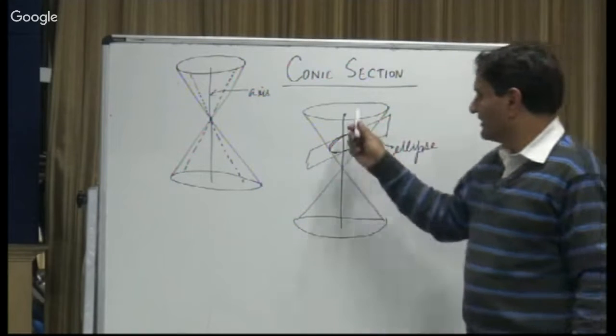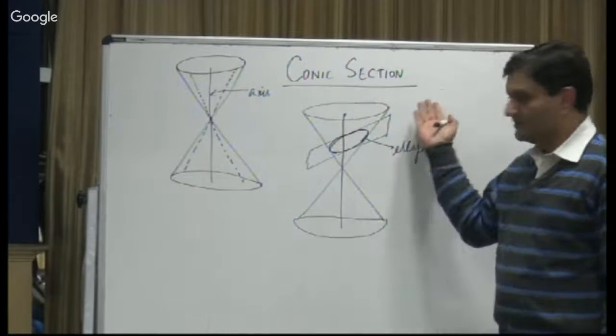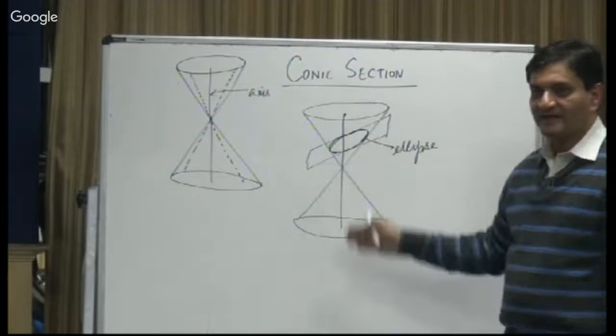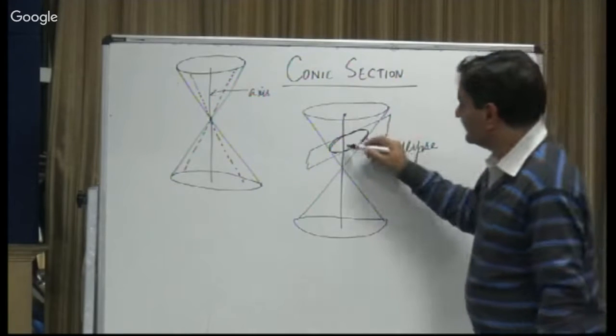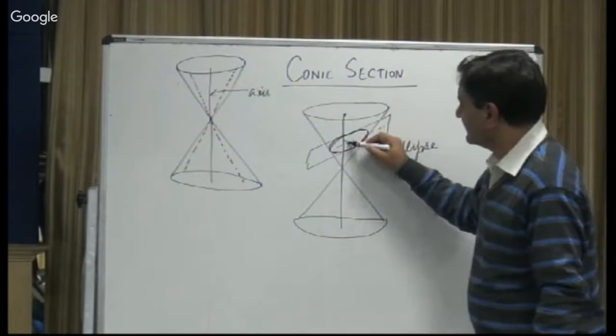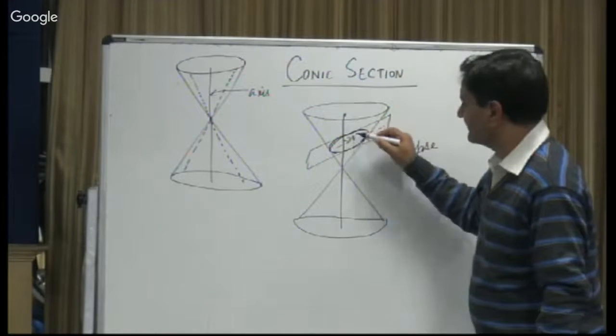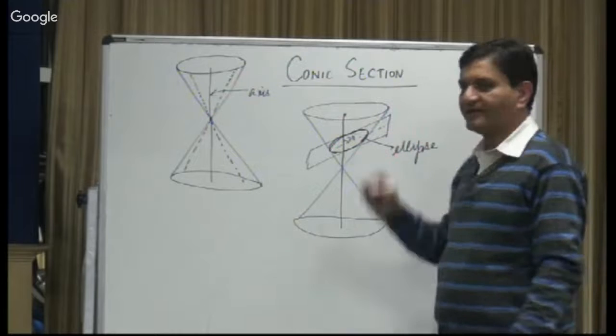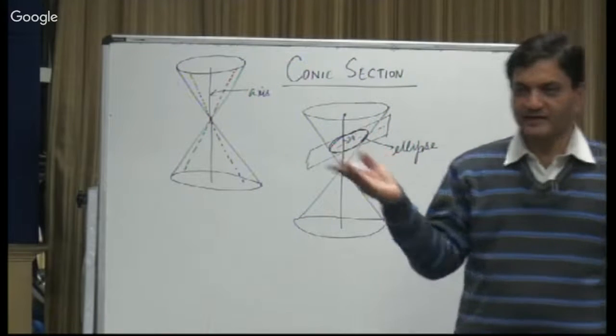Actually, it all depends upon the angle which the plane makes with the axis. Now let us say this angle is 30 degrees or 45 degrees. Then you will obtain an ellipse.